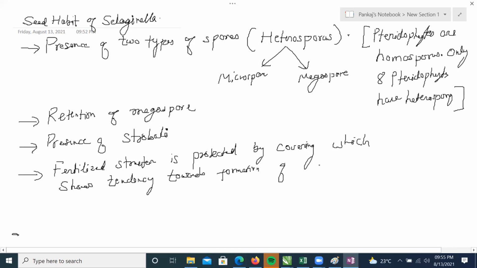So both the tendency for seed and seed coat are there. But once again, no seed is formed. Seed is observed in gymnosperms. So only a tendency is found. That's why we call it the seed habit of Selaginella.